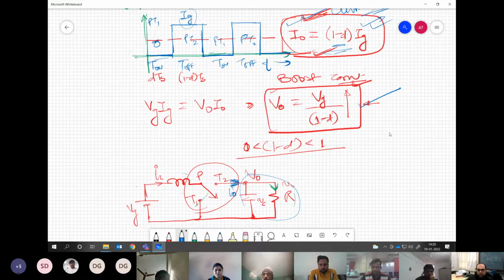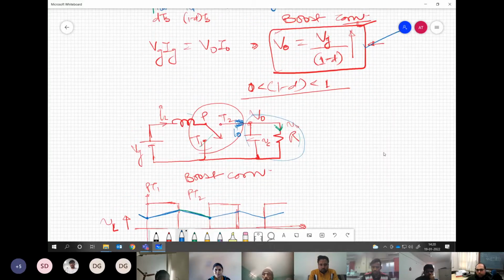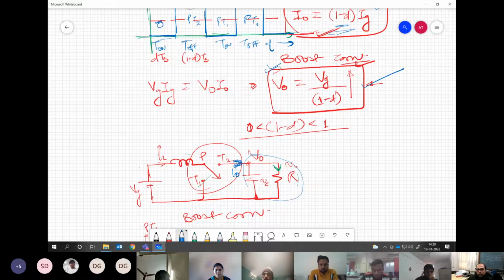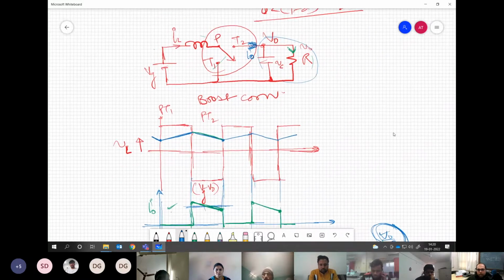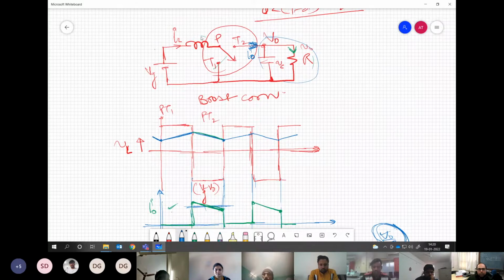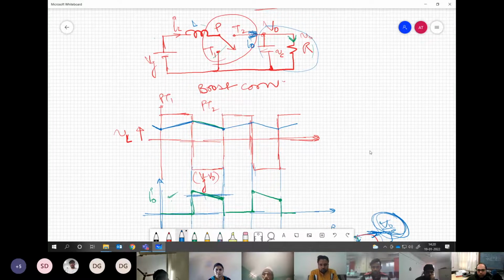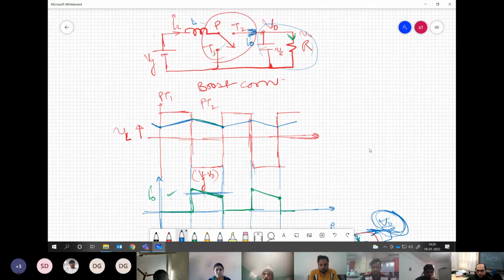That's usually our understanding. This expression that I have derived can also be realized by balancing the volt second across the inductor. A question came from Ajay: how do we ensure the volt second balance? See, what is volt second?